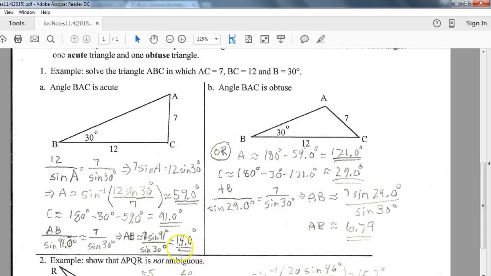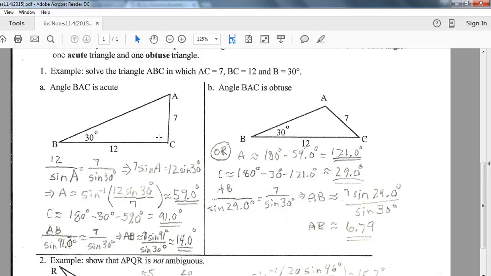I don't know why that degree mark is there, but that is a length of 14 for AB. And so here's one thing to consider, and this is the way I always know that I'm doing things right when I'm doing this ambiguous case. There are always two rules that you have to consider when you're working with a triangle. One is the angles must always add to 180, no more, no less. That's one rule that I always check to make sure that I'm doing things right.